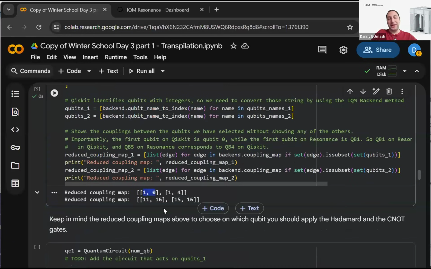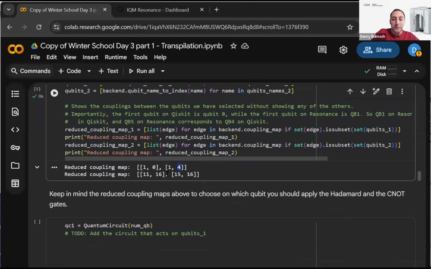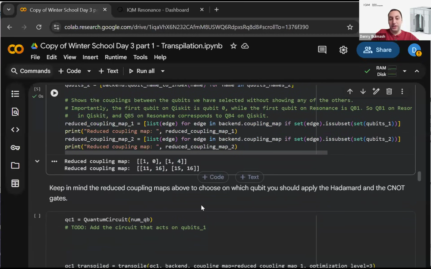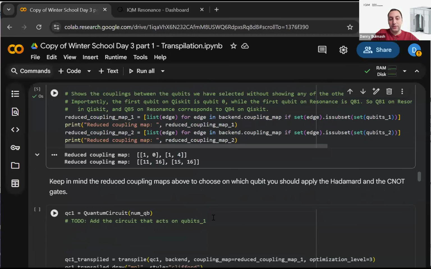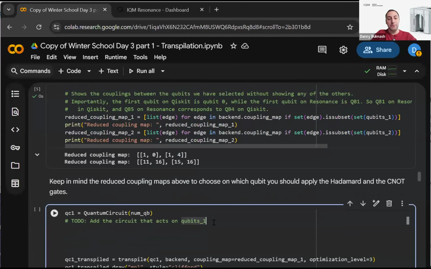Now, this is where the numbering scheme gets messed up. 0 in the software is 1 on Resonance. 1 in the software is 2 on Resonance. 2 and 4 in the software is 5 on Resonance. So when you're interpreting the output, you have to be a little bit careful here. But this is telling us that indeed, the qubits that we expect to be coupled are actually coupled.